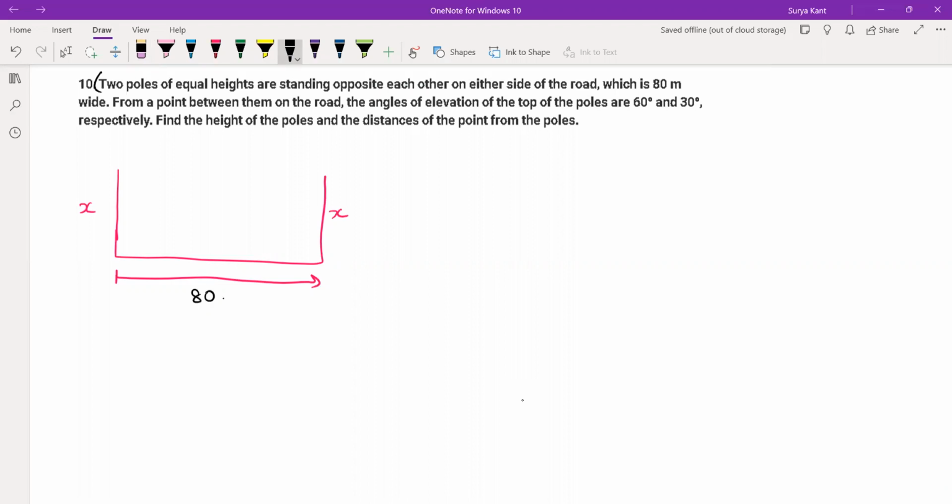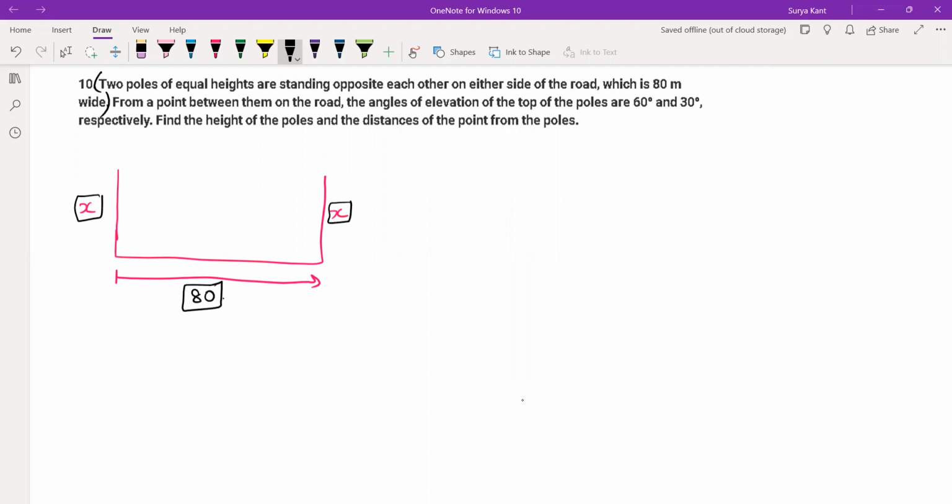So your first part of the question got cleared, right? Two poles of equal heights are standing opposite each other on either side of the road, which is 80 meters wide, and the height of both the poles is x. Next part of the question is: from a point between them on the road, the tops of the poles are at 60 degrees and 30 degrees.